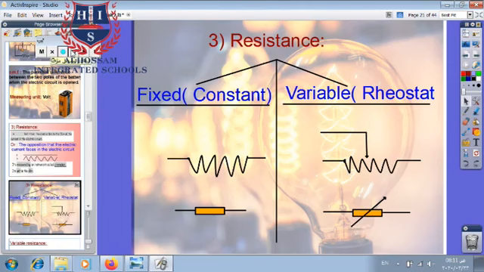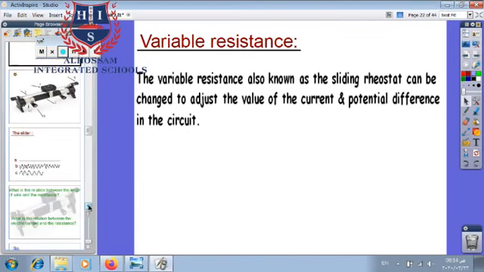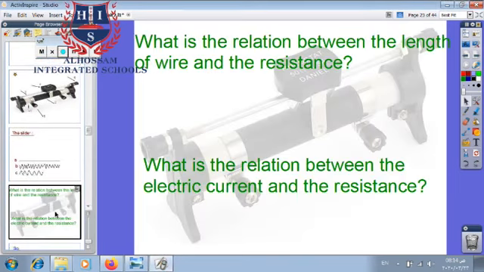And now let's find out what is meant by the variable resistance, or rheostat. But first, can you tell me what is the relation between the electric current and the resistance? Return back to the definition of the resistance we said just two seconds ago. What is meant by the resistance?